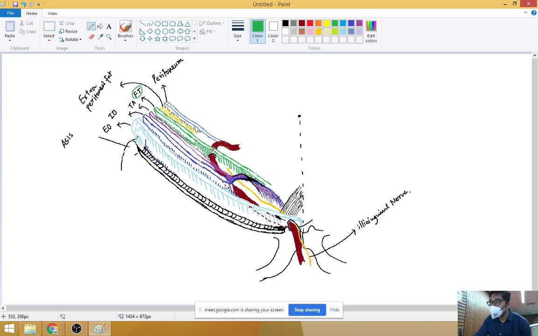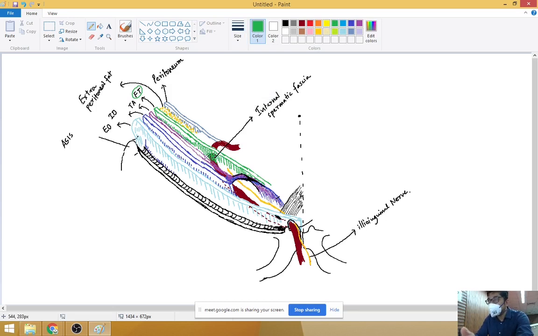Some of the fibers of the fascia transversalis will pass on to this spermatic cord. You getting my point? This will form the internal spermatic fascia.